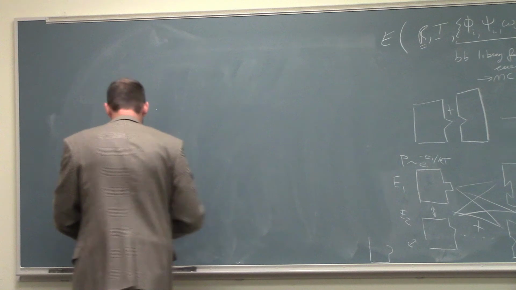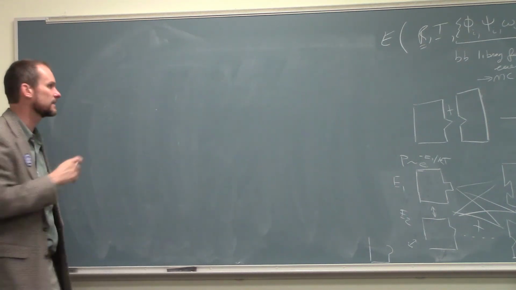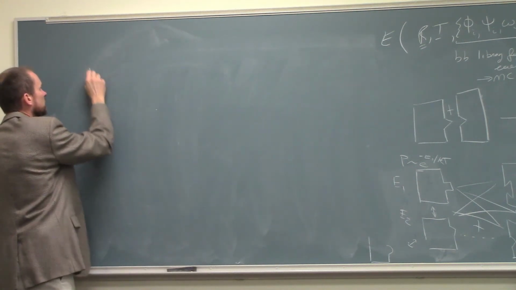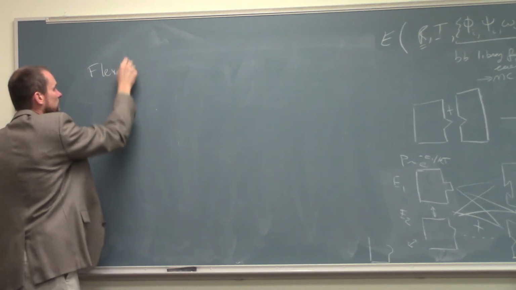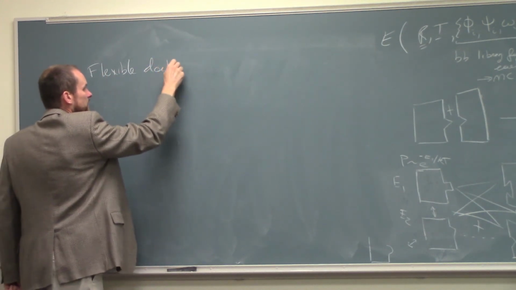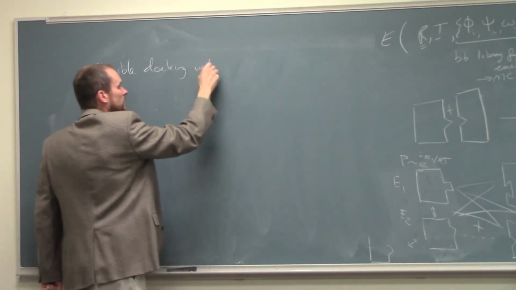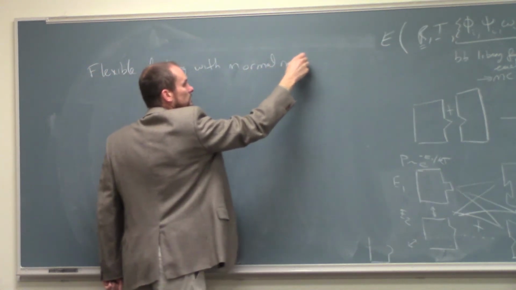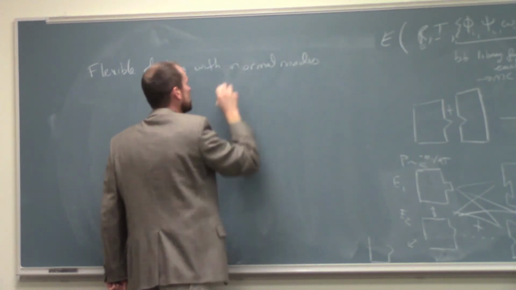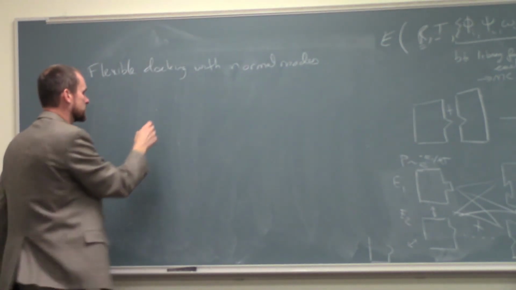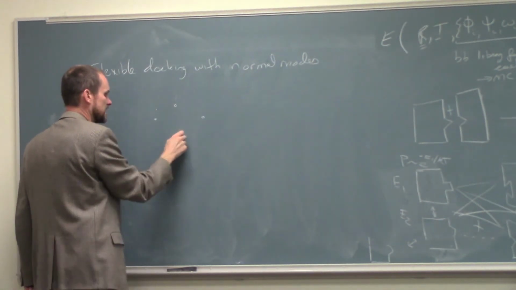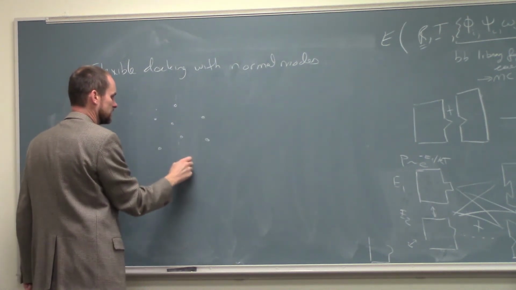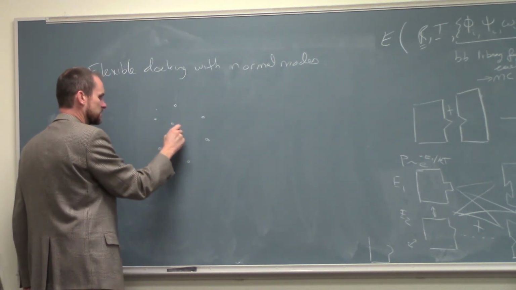So, I guess there's one other last method if you're looking at docking that you might see in the literature for flexibility. Flexible docking is called normal modes. And what you do in normal modes is you take the protein as a set of atoms and you put springs between the atoms.